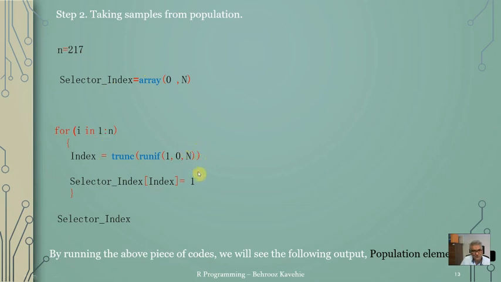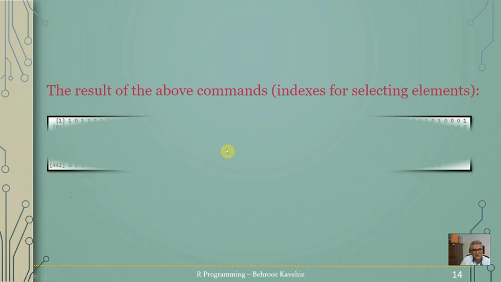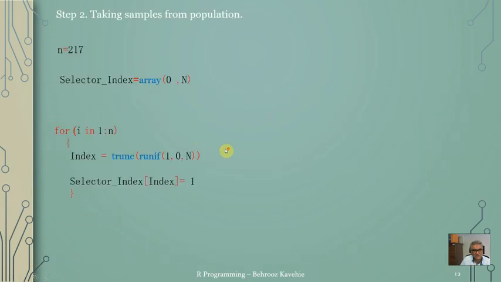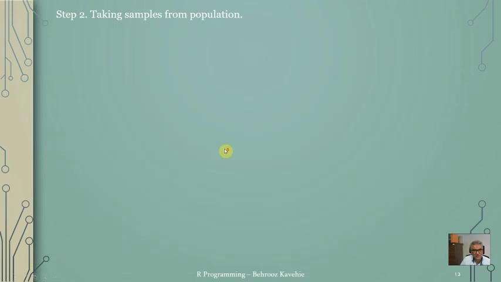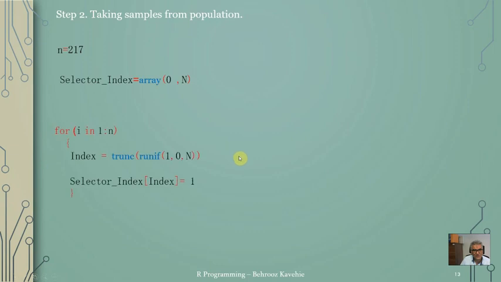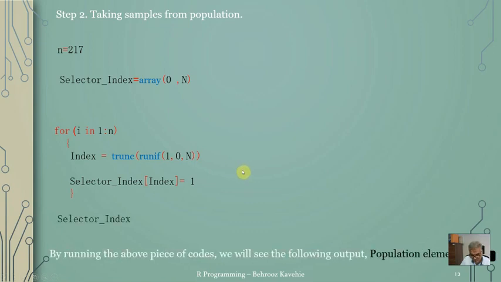It first generates a number. The number will be our index. This trunc function is just here for you to know that we can also use trunc with this function. Then we use the selector index of index and replace it with 1. Take a moment to reflect on what's going on here.